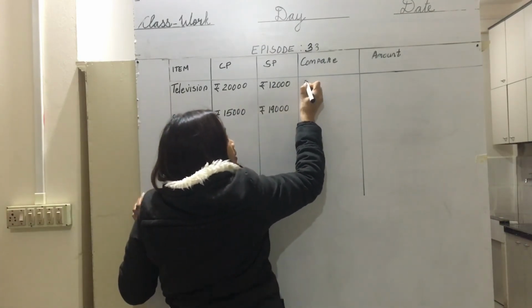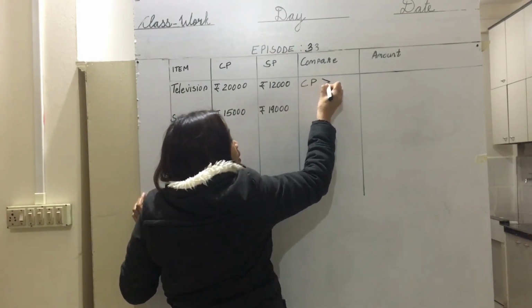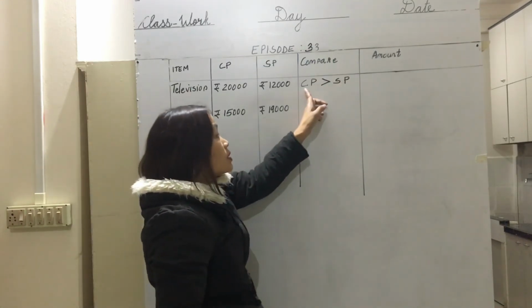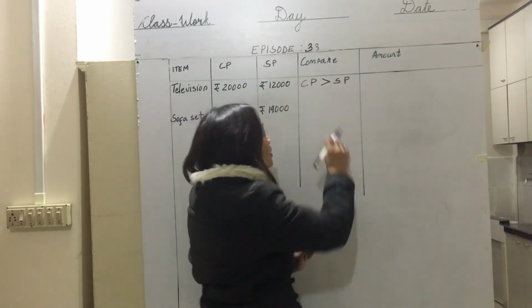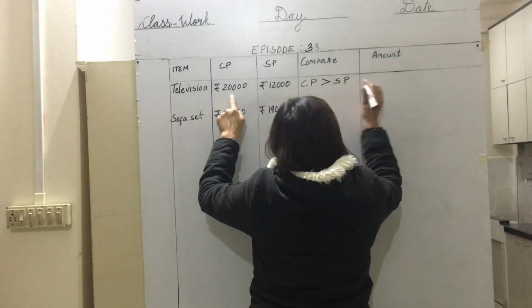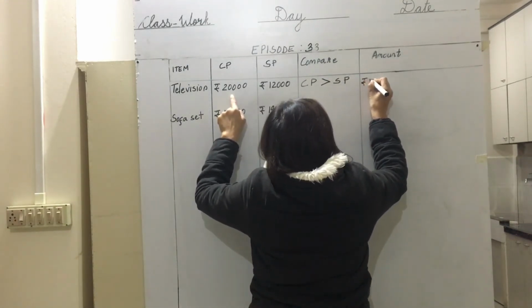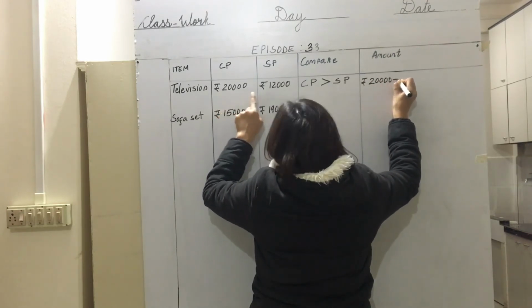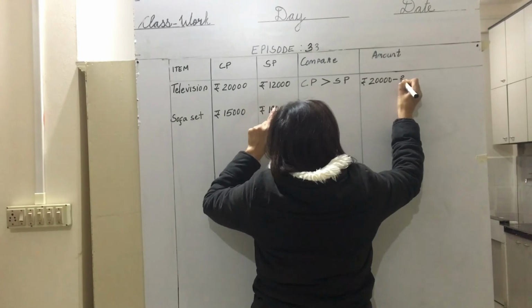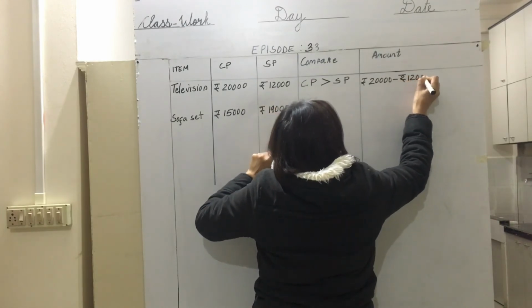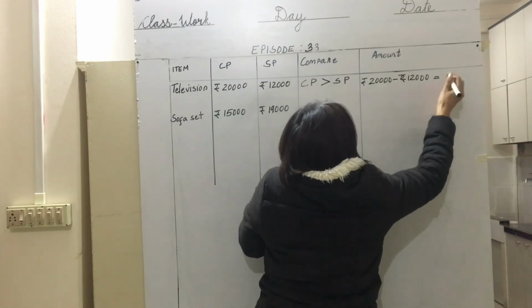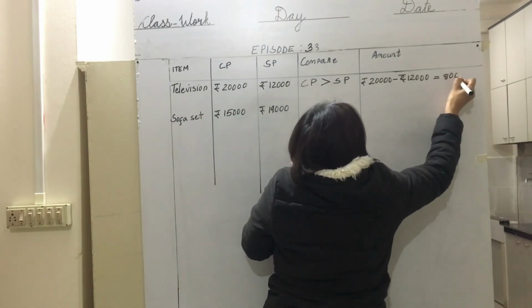So we will write CP is bigger than SP. If the CP is bigger than SP, then we will write the CP first, 20,000 rupees, minus the SP, 12,000 rupees. When we subtract this, we get 8,000 rupees.